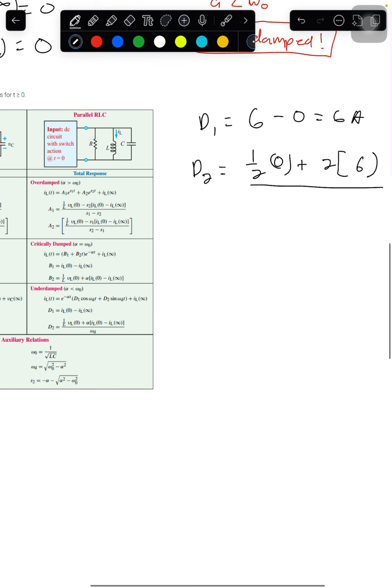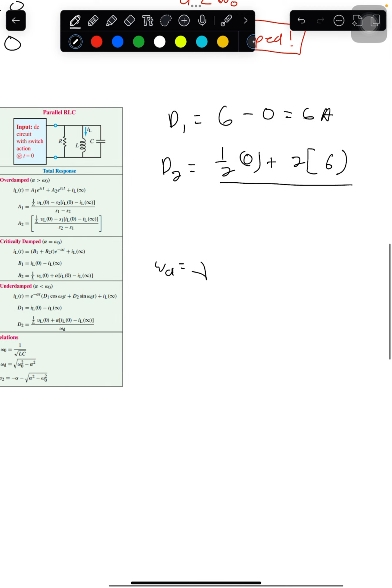So in some cases, for underdamped especially, we have to find omega D. And that's really going to be this. I'm going to find that right here. Super simple.